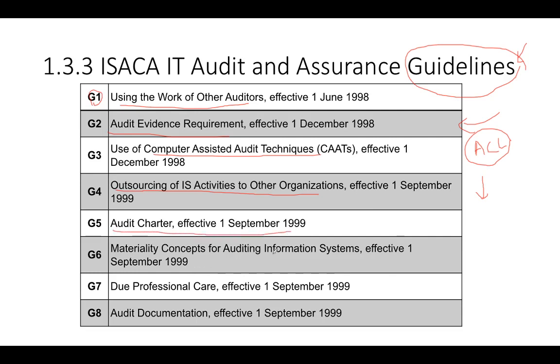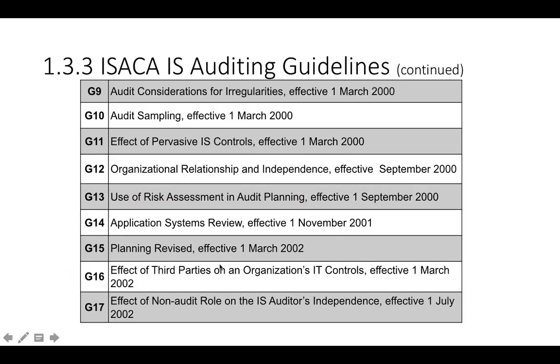And then the materiality concern, we talked about that as well in the standard. So see, things are linking up. Whatever the S is, say 5 or 6, that is given in detail in G6. And due professional care, we have seen that. Documentation, we have seen that. So try to link up these G's to the S's, so then you can have a very clear picture of what's happening.